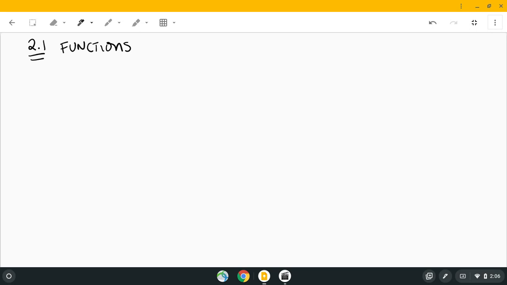2.1 Functions. All right, so let's start off with the definition of a function.